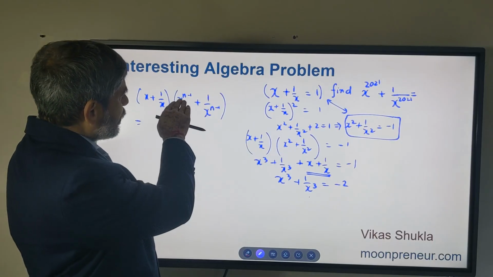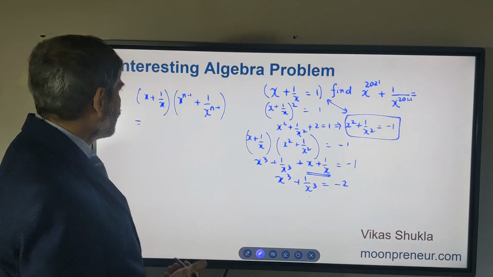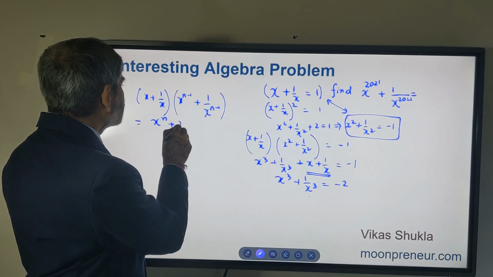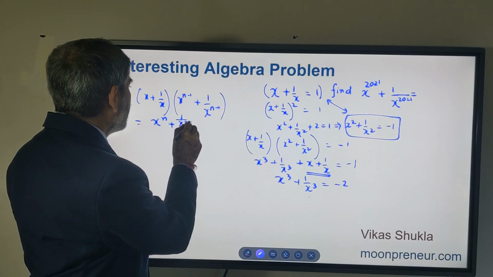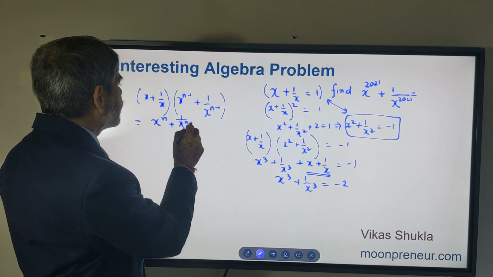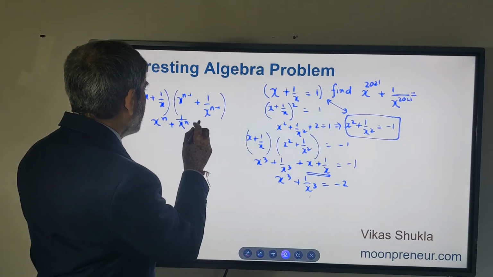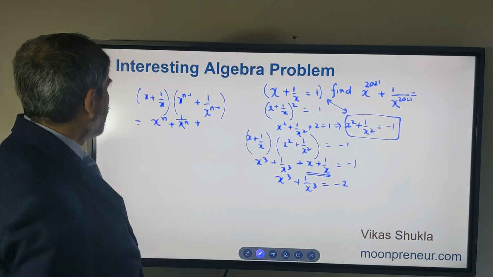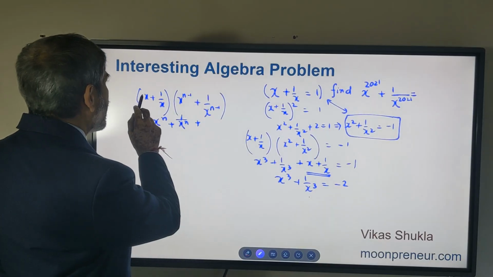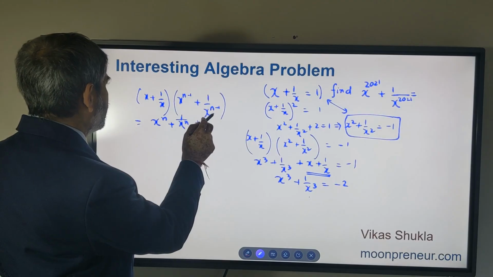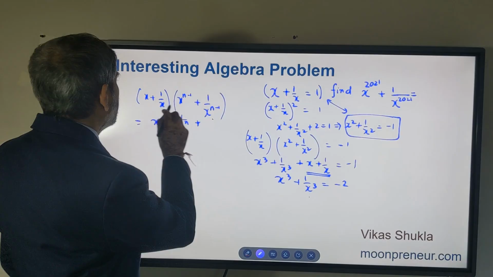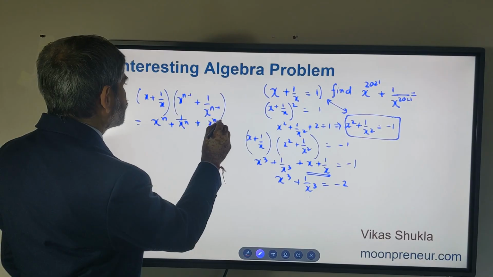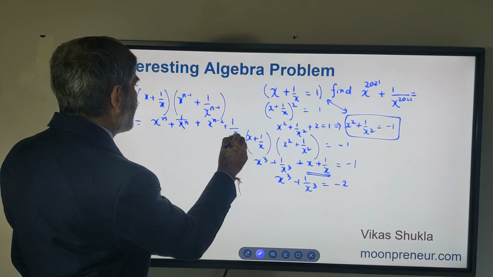Let's say we have x^(n-1) + 1/x^(n-1). If you multiply this by x + 1/x, you see this is x^n + 1/x^n by multiplying x with x^(n-1) and 1/x with 1/x^(n-1), and then you multiply x with 1/x^(n-1) and 1/x with x^(n-1), we get x^(n-2) + 1/x^(n-2).